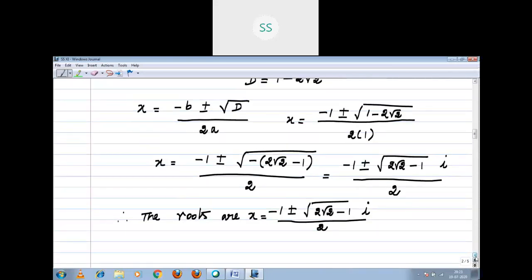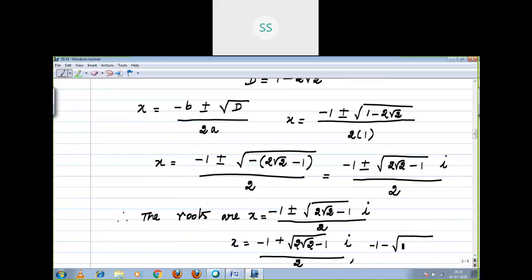You have to split and write the root. I am going to write it here: x is equal to minus 1 plus root 2 root 2 minus 1 i divided by 2, comma, minus 1 minus root 2 root 2 minus 1 into i divided by 2.